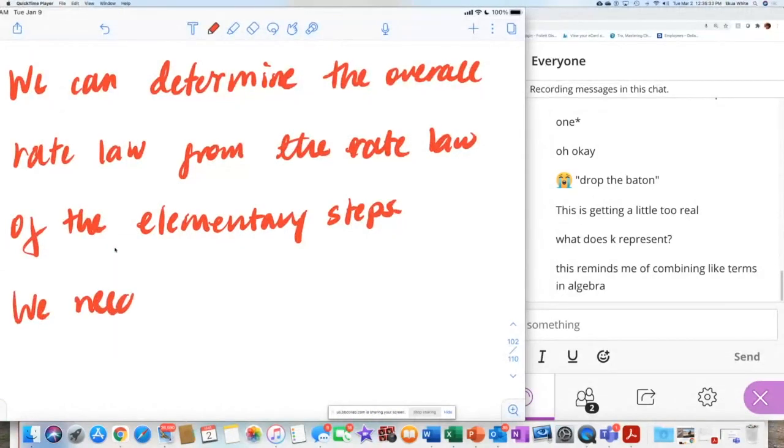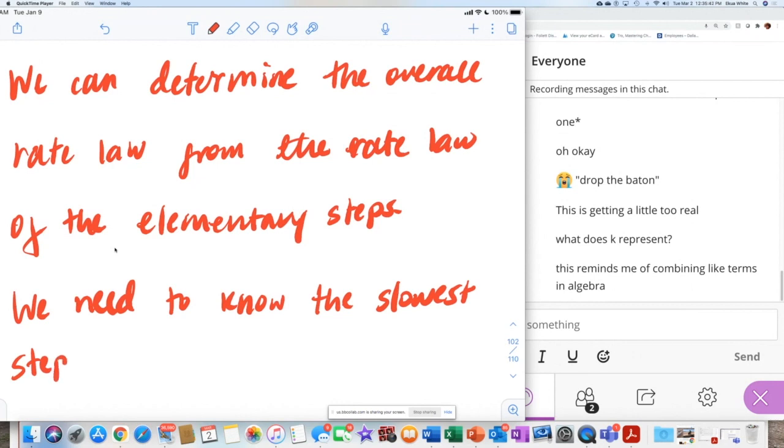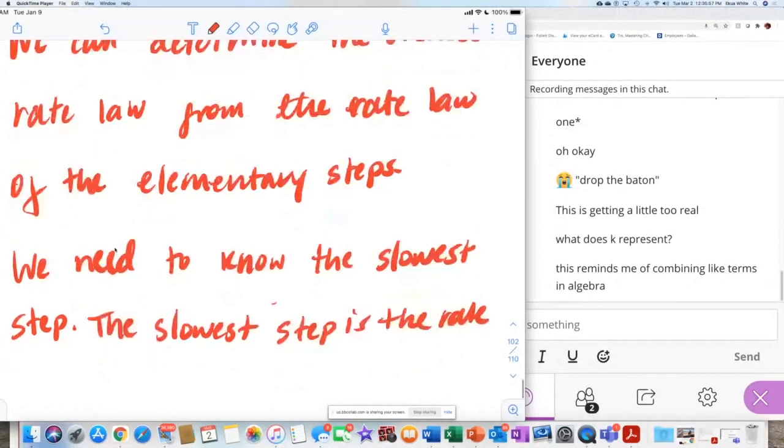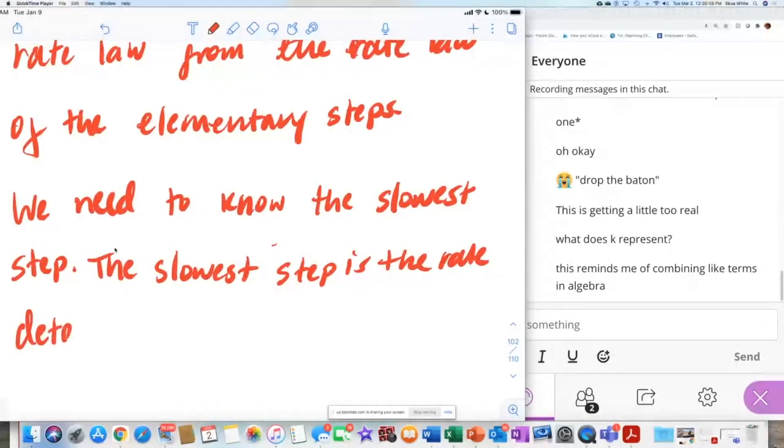We need to know the slowest step. That's right, you heard me. We need to know the slowest step. The slowest step is the rate determining step.